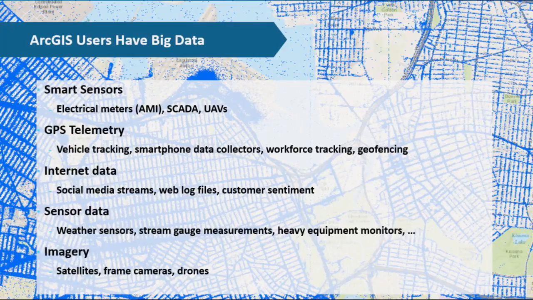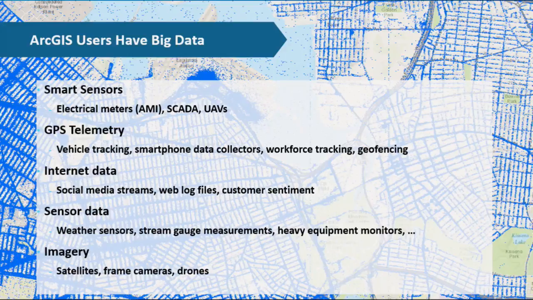Then you have UAVs. We see that down on the trade show floor. A lot of people are flying UAVs around and capturing either still images or taking that data to create point clouds and actually 3D visualizations of everything. There's GPS telemetry data from all your moving vehicles. There's social media, web logs, customer sentiment information that your organization may be gathering.